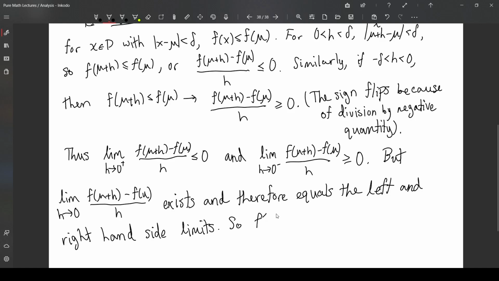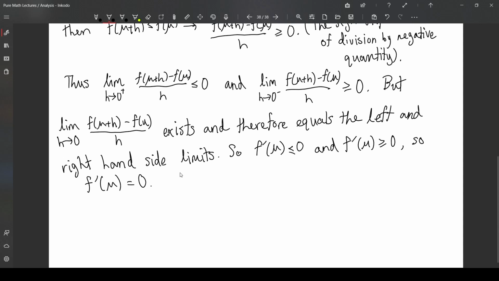So in other words, this limit exists, and it is the derivative of f at mu. So the derivative of f at mu is less than or equal to 0, and the derivative at mu is greater than or equal to 0. So the only possibility is that the derivative is 0. Okay?